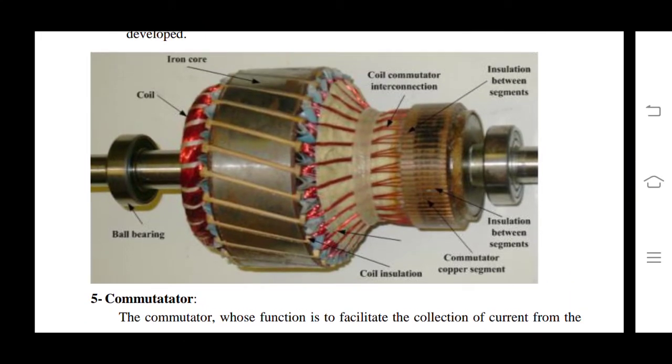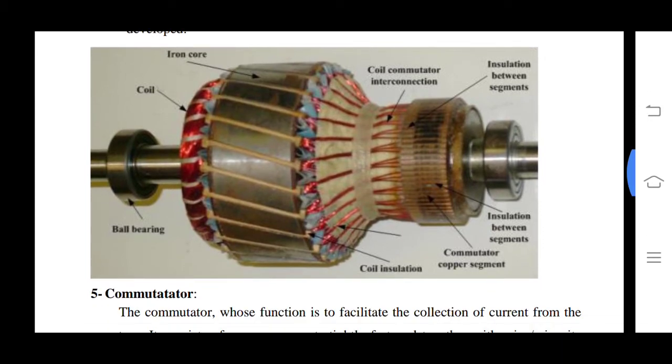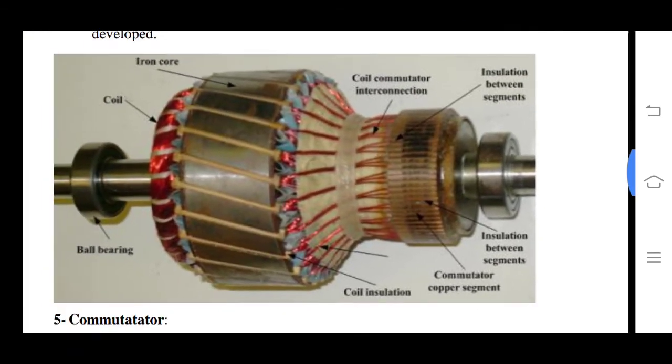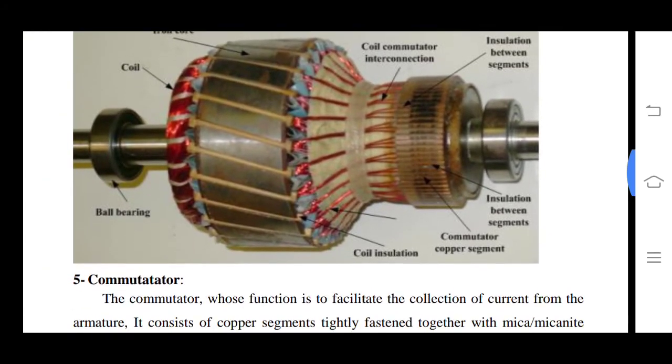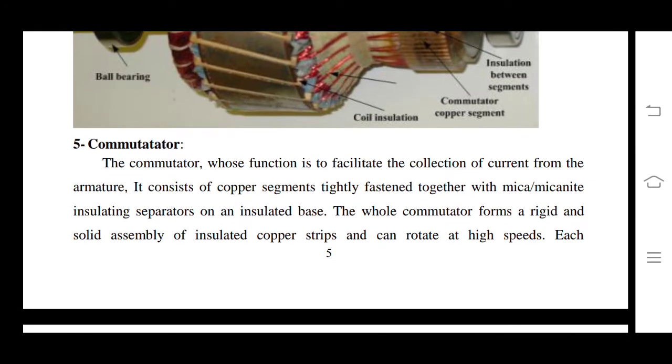So this is the armature winding. We can see the commutators also here. Iron core coil. Next one is the commutator. The commutator's function is to facilitate the collection of current from the armature.